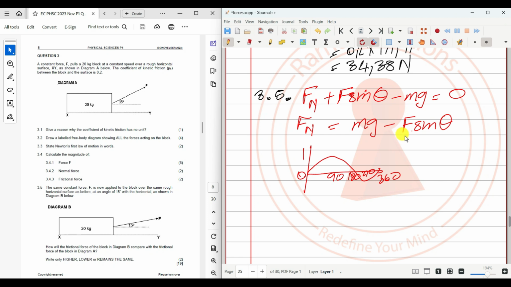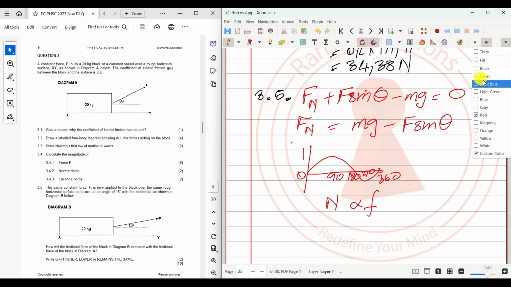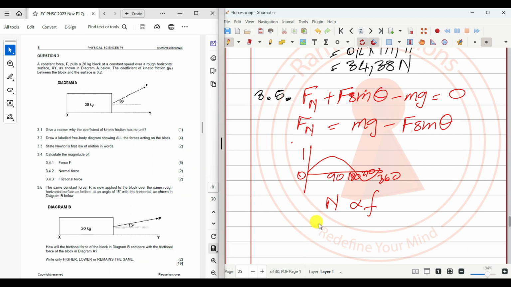When it gets smaller, mg minus F sine theta will be getting bigger, and therefore your normal force will increase. But remember, normal force is directly proportional to friction. Therefore, since your normal force is increasing, your friction will increase.